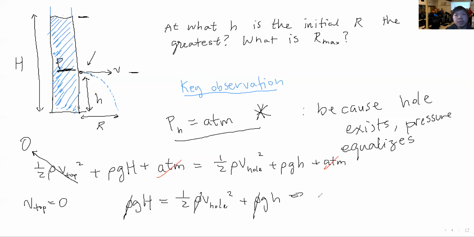And then we get g times big H minus small h is equal to half v hole squared. Okay, so v hole squared is equal to, or I'm just going to put the normal v, all right? So v hole is equal to the square root of 2g times H minus h.